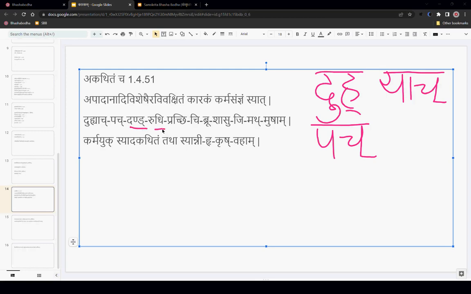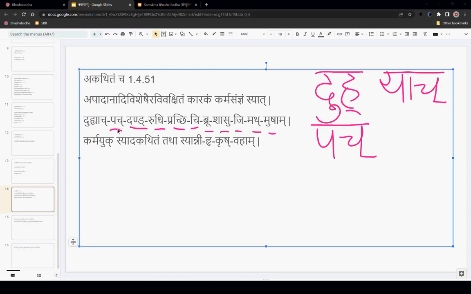Then dand, rudhi, prachi meaning prach. Prachati, we know all that. And chi, chinoti, bru, braviti, all that. Shasu, shasti, ji, jayati, matha, mathnati, musha, mushnati. These are the other dhatus given here.